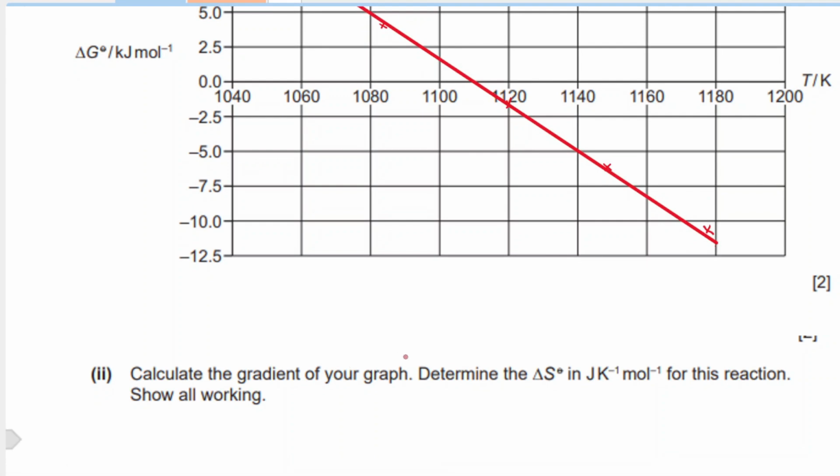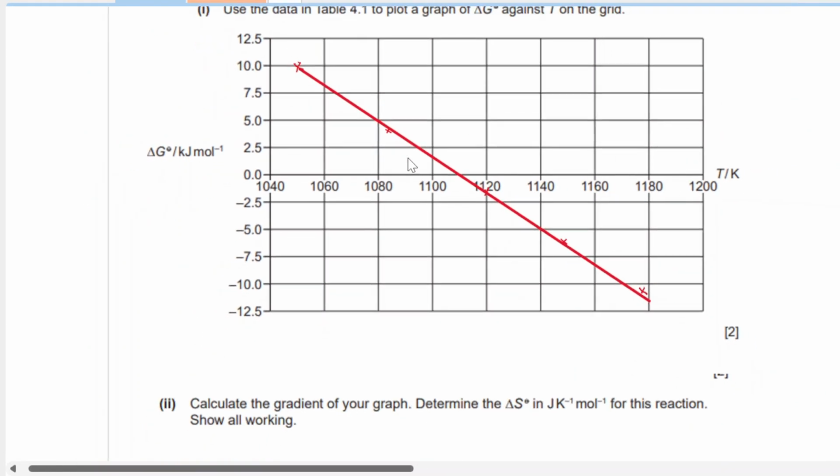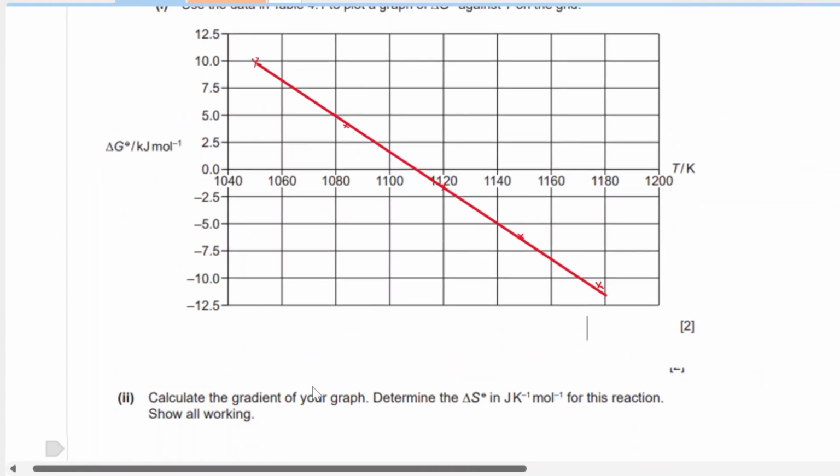Calculate the gradient of your graph and determine the entropy change in joules per Kelvin per mole for this reaction. Show all working. Right, now how do we do this? They want us to calculate the gradient of the graph and determine the delta S. So there must be some sort of connection between these things.